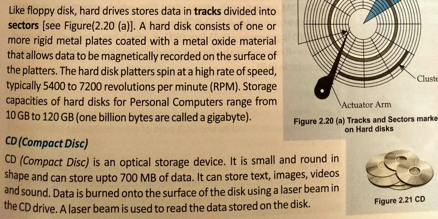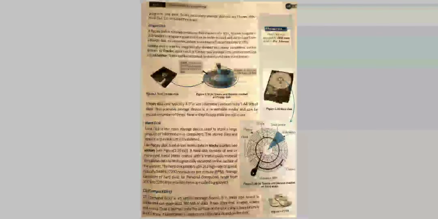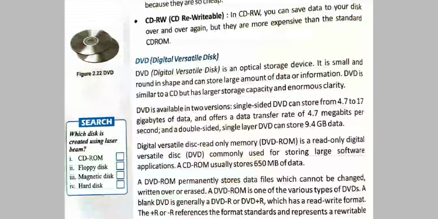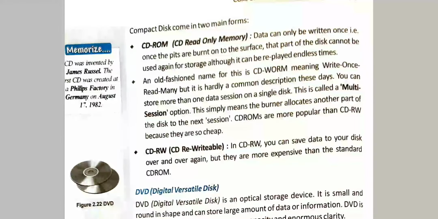Compact disk, CD, we have already seen that the maximum capacity of a CD is 700 MB, and it is not rewritable. You can write once, so you cannot erase on that one. Next is CD-ROM, that is CD read only memory. You cannot write or rewrite on that one.